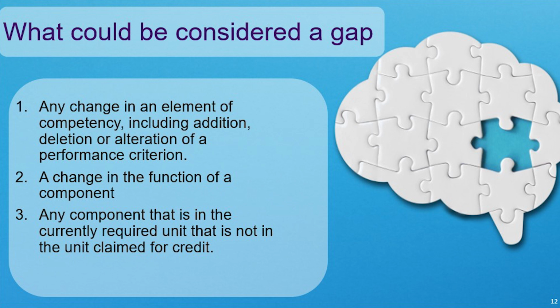As soon as you add or delete or reword or change a performance criterion in an element of competency, you have actually changed the element of competency. It is not as it was, it is now something new. And under those circumstances, what you have is a significant change.